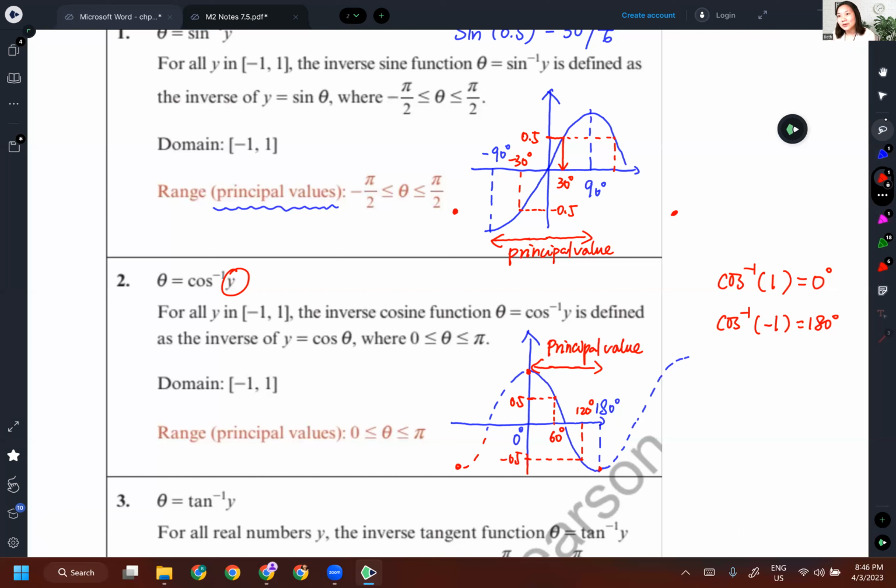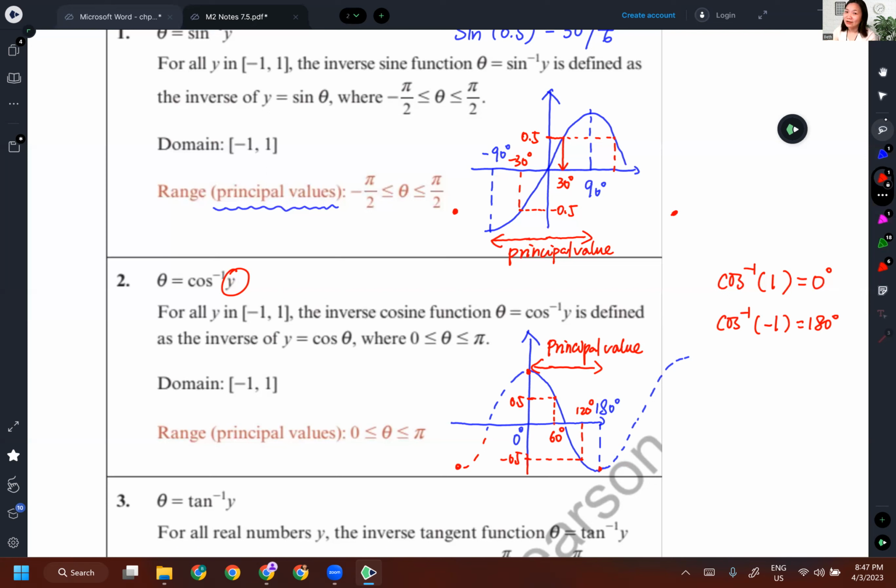Now this mustn't be confused with the so-called reference angle. Girls, I almost regret discussing this with you. The principal value is not the same as the reference angle.